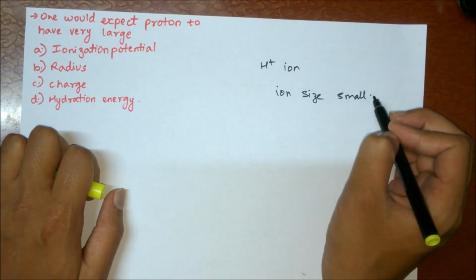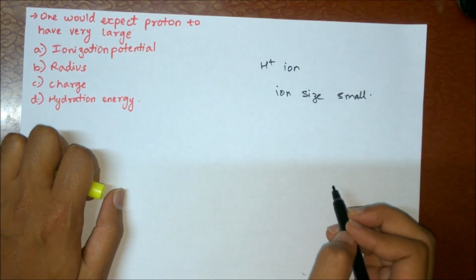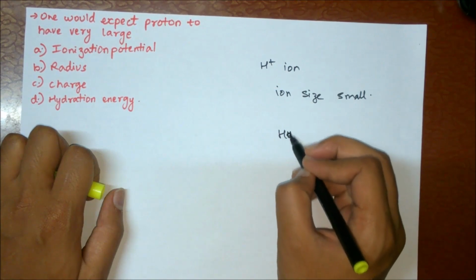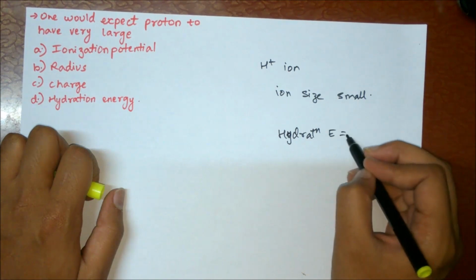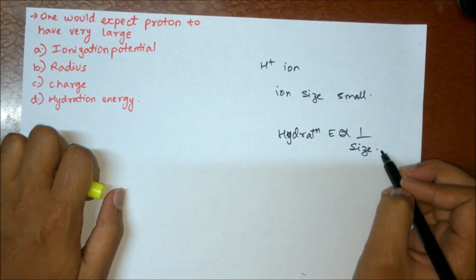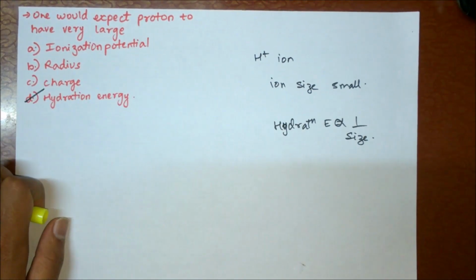Ionic size of H plus ion is very small as it is the first atom of the periodic table. So hydration energy is inversely proportional to the size, while the rest are directly proportional. So option D is the correct answer.